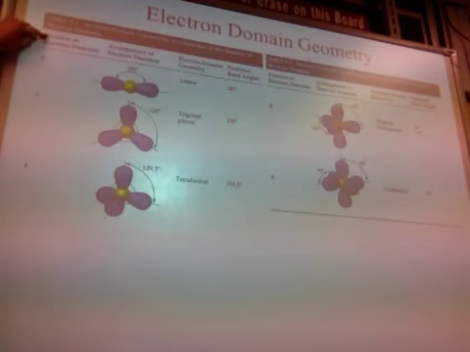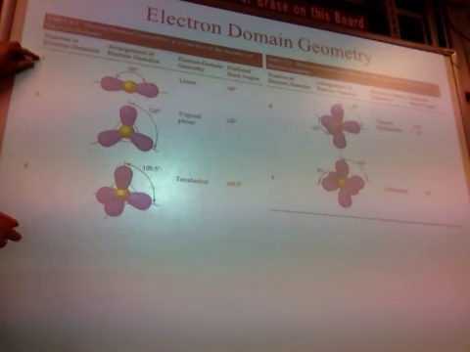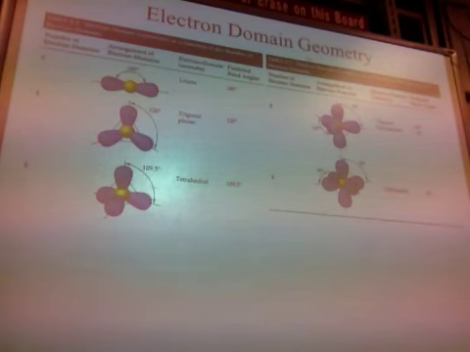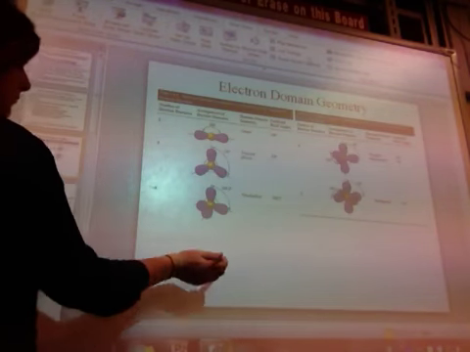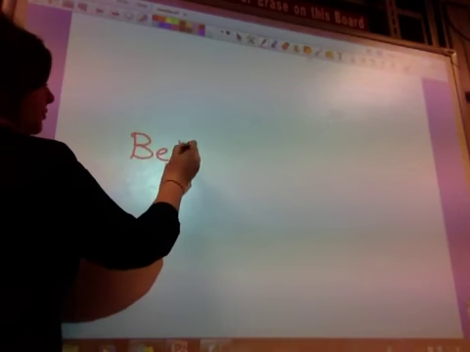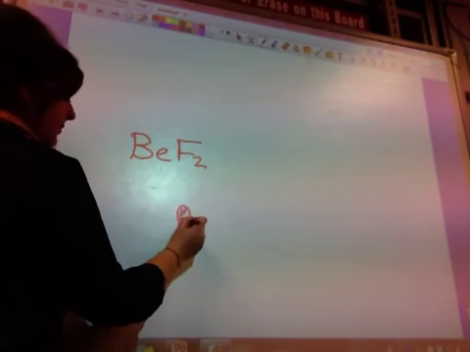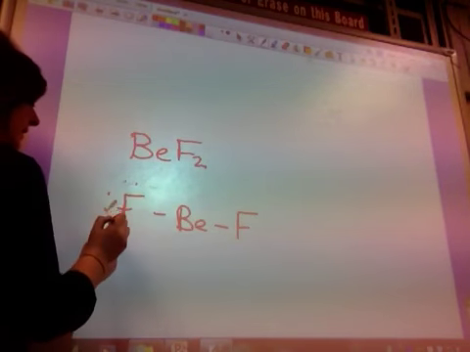So if we look here, number of electron domains, 2. So I have 2 electron domains around that central atom. So that would be like BeF2. Be would be my central atom, F on this side, F on this side.